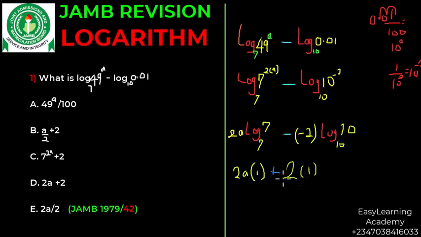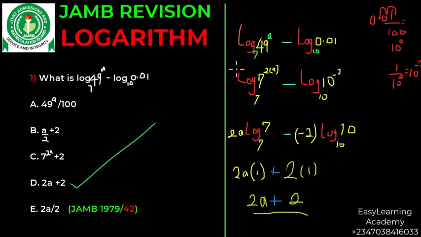Solving it out, 2a times 1 gives us 2a, and 2 times 1 gives us 2, so 2a plus 2 is the answer. Let's look at the options: 2a plus 2, so the correct option is option D.